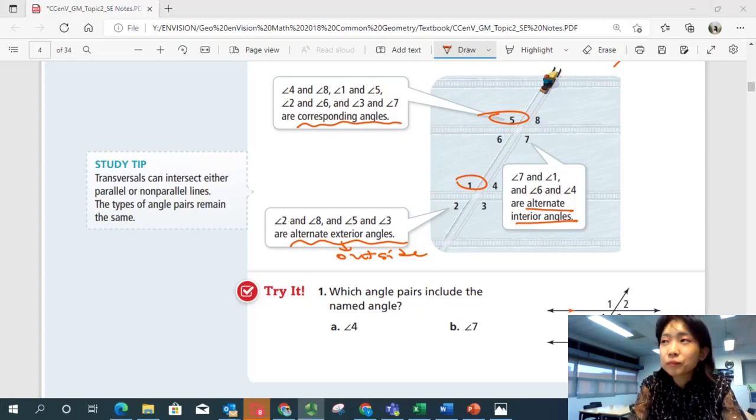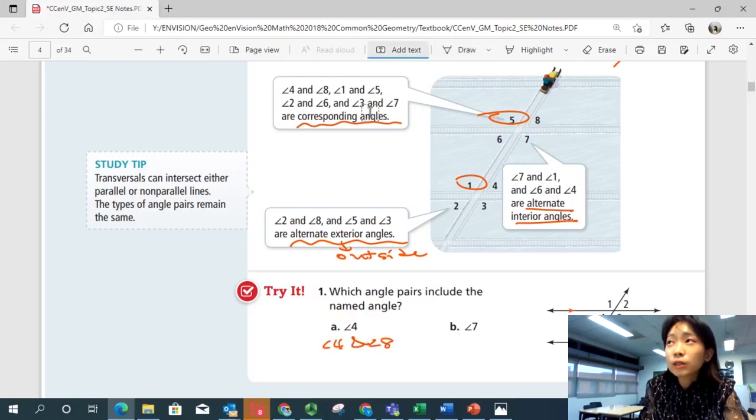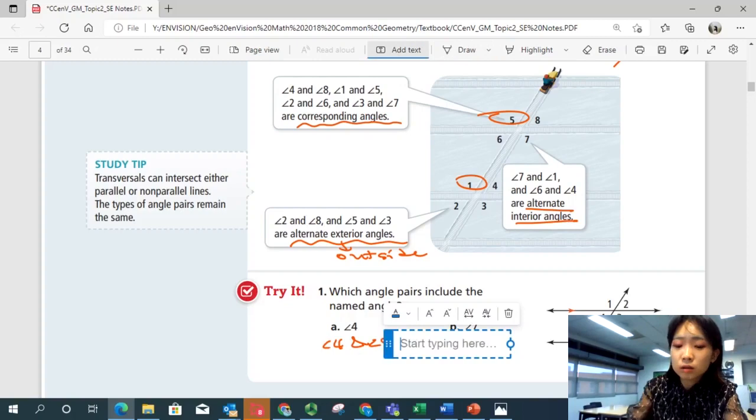Okay, are you ready? So what is the corresponding angle for 4? The same angle that is on the same position would be 8, the corresponding angle, right? So 4 and 8 are corresponding angles.